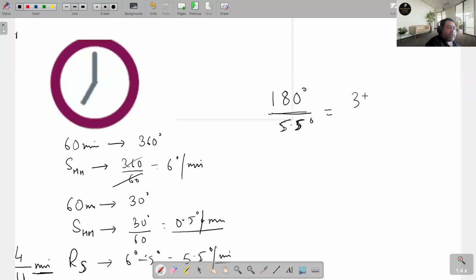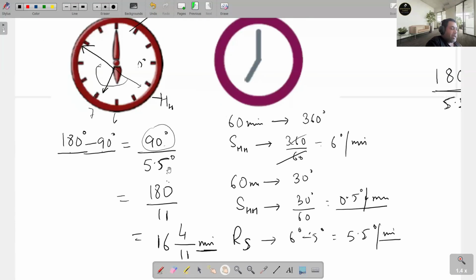So that one will give us 360 divided by 11, and that is 32 and 8 upon 11 minutes. That is what it will take after it has made a 90 degree angle for the first time.